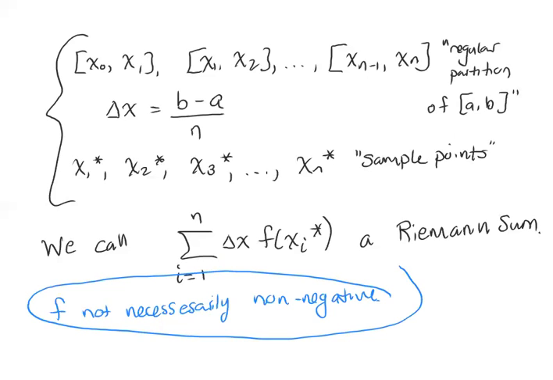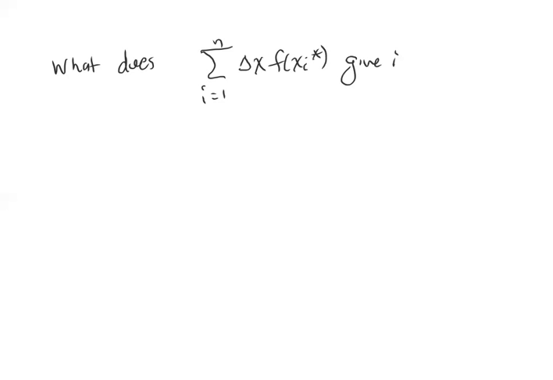What does a Riemann sum give us if a function is below the x-axis? So what does that sum from i equals 1 to n of delta x f of xi star give if f is less than 0? We have examined it when f is greater than 0, but what if f is less than 0?